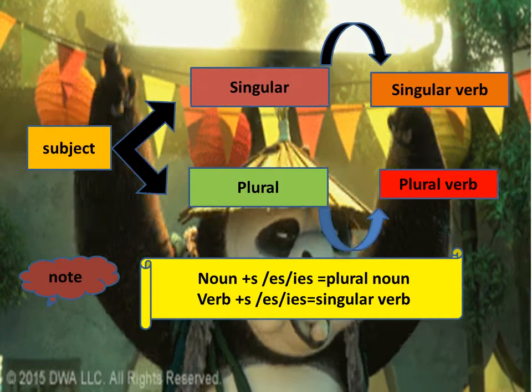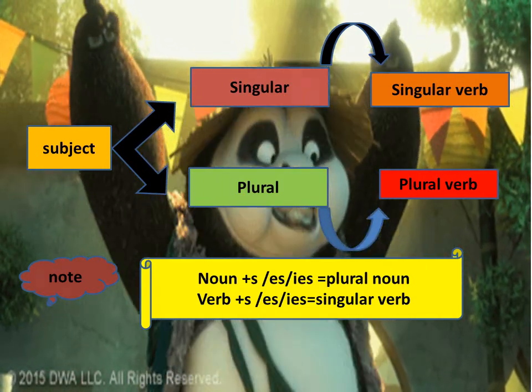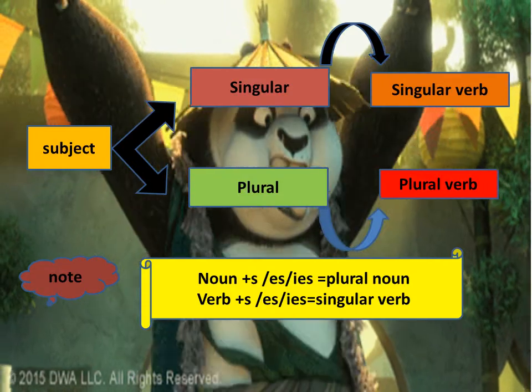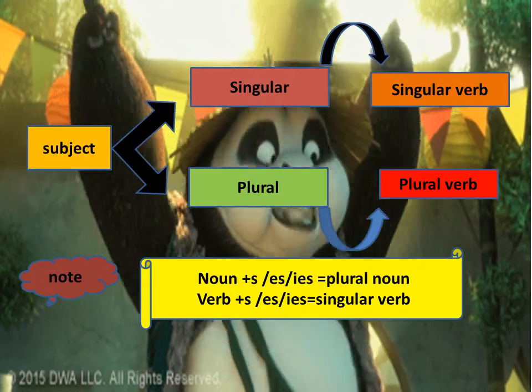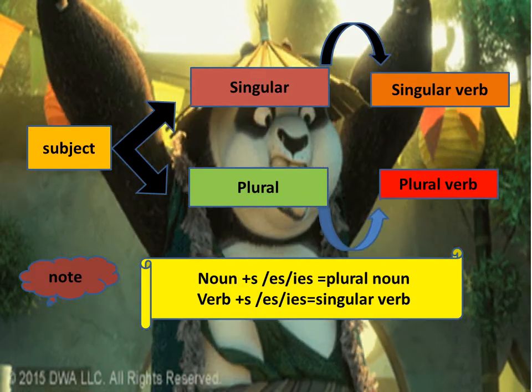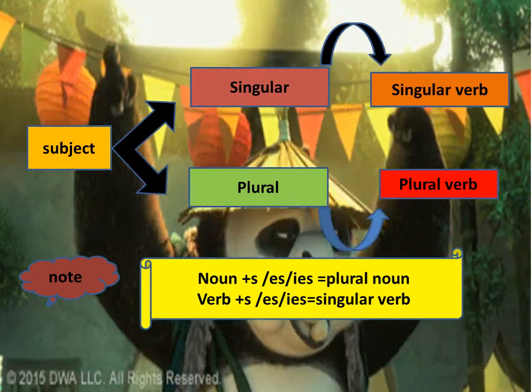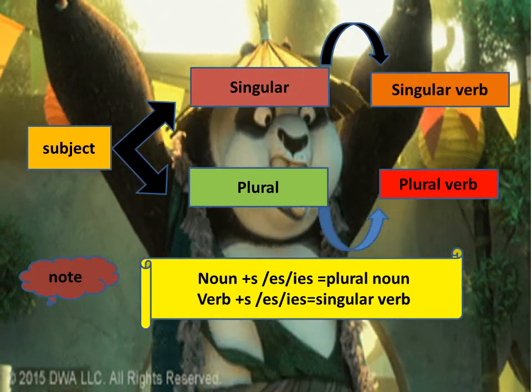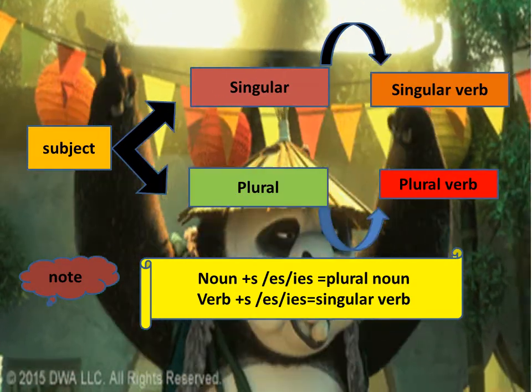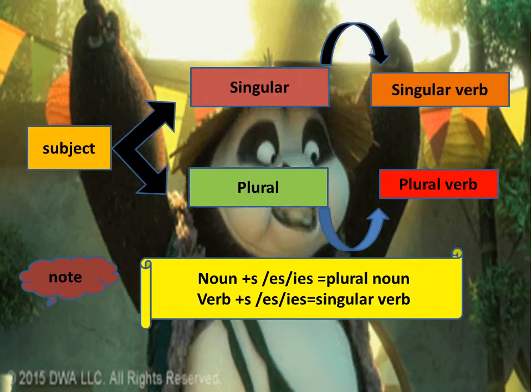Similarly, in verb, when we add s or es to it, it becomes a singular verb. Now, here only the students get confused. You have to remember that when you add s to noun, it becomes plural. When you add s or es to verb, it becomes singular.